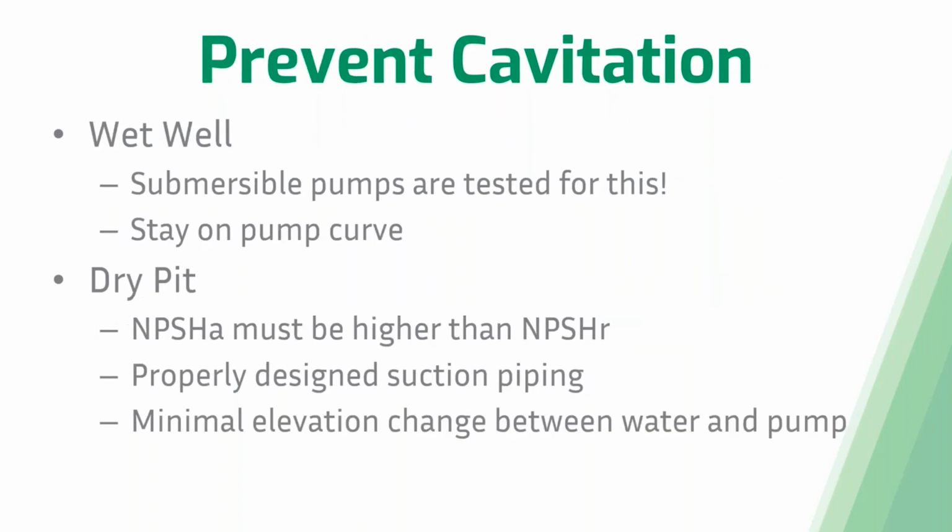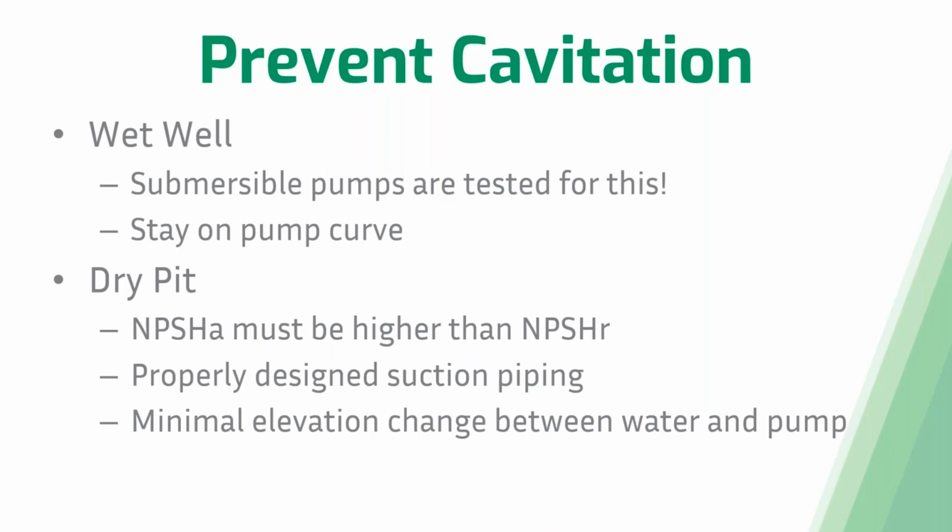So if you want to prevent cavitation, in wet well applications, submersible pumps are already tested for these types of applications. You really just need to stay on that pump curve to prevent cavitation from occurring. Now with dry pit applications, this is where cavitation can become an issue. NPSH stands for net positive suction head, and there's really two different variations.